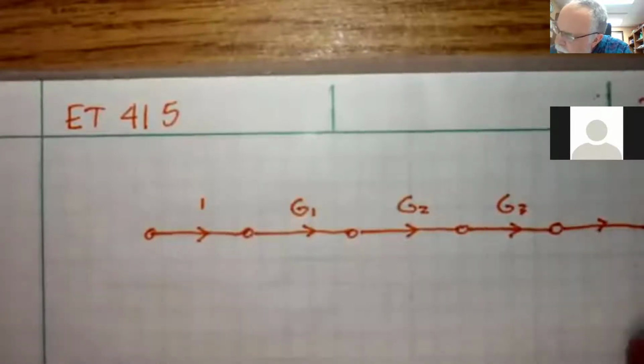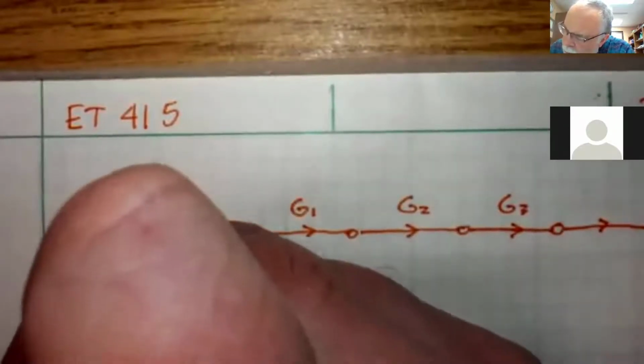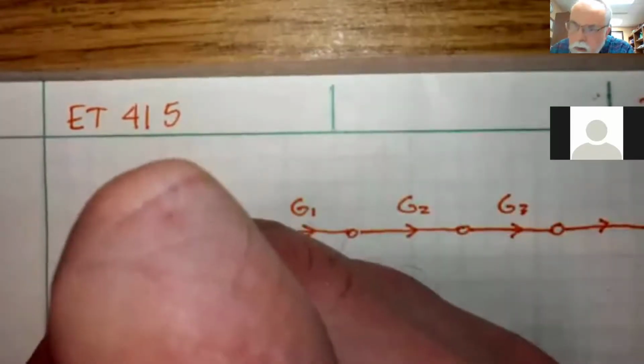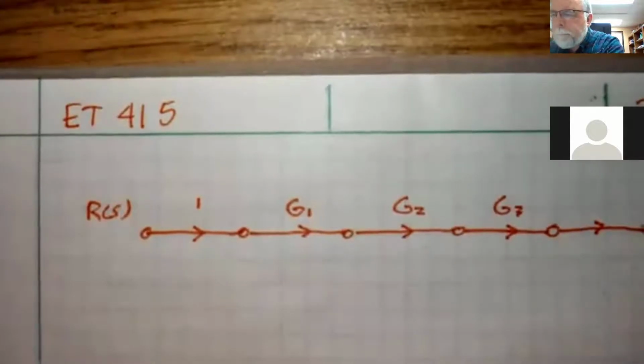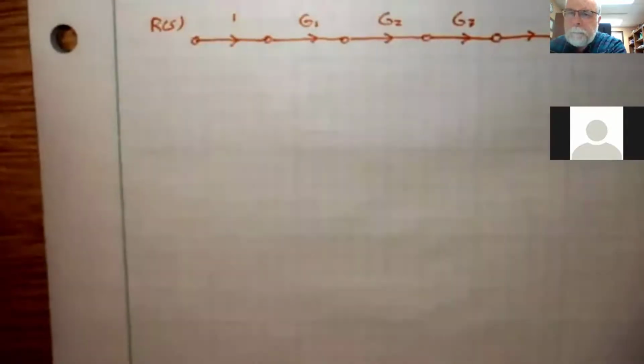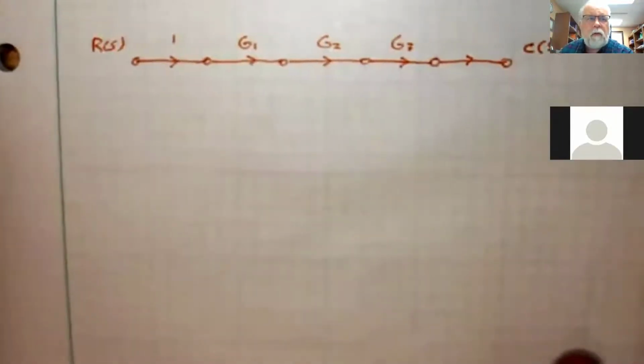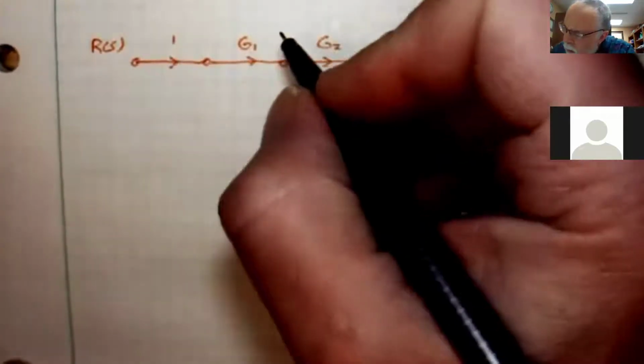Gain of 1. And then this will be our control. Oh, gotta zoom out a little bit here. Guess we can do it the old-fashioned way. Okay. And then we'll have one loop.